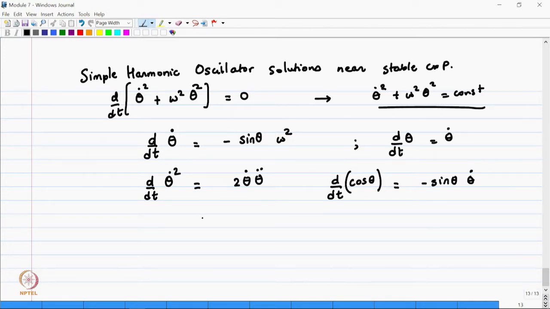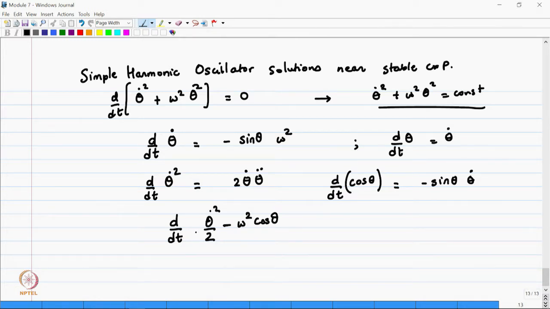Suppose I take d by dt of theta dot square by 2 minus omega square cos theta.